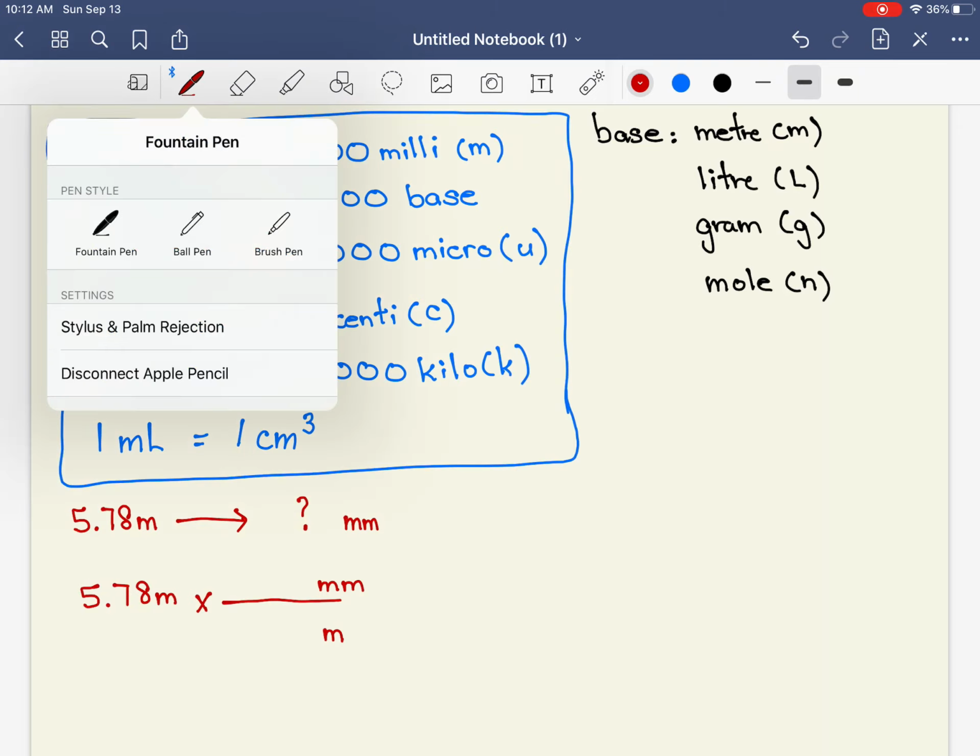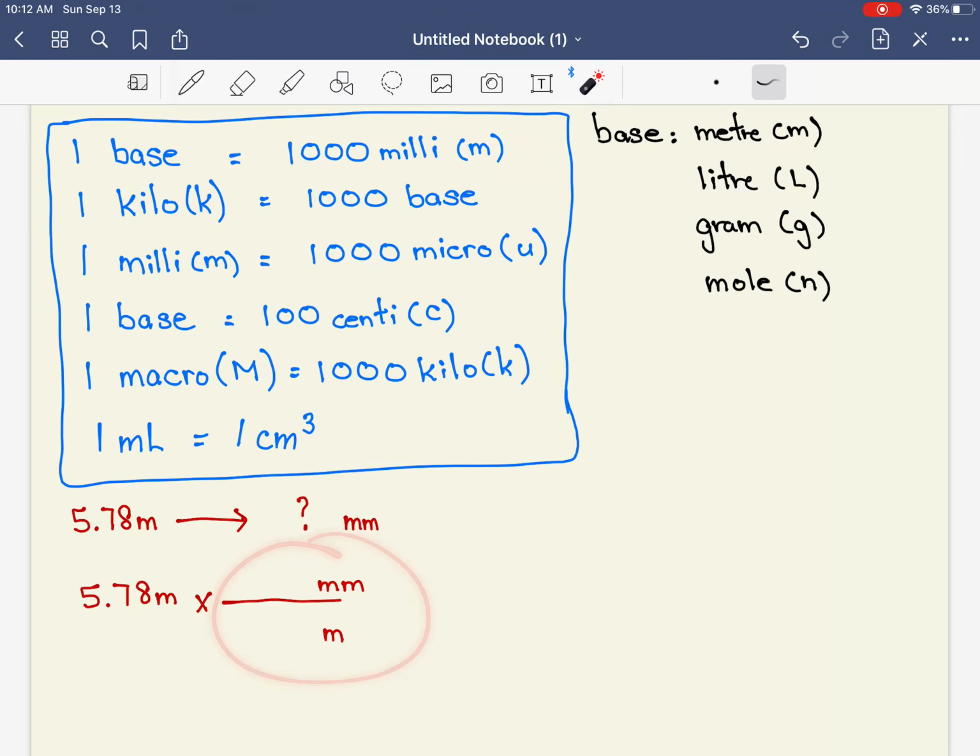So what you're going to put in the fraction is based on what you see right here on this chart. How many meters is in how many millimeters? You look into these relationships and this is the relationship that is being stated. It takes 1 meter, just like it says right here, which is equivalent to 1,000 millimeters.